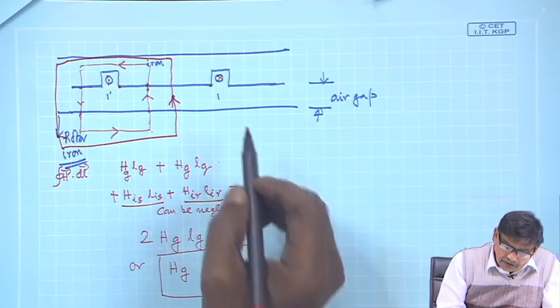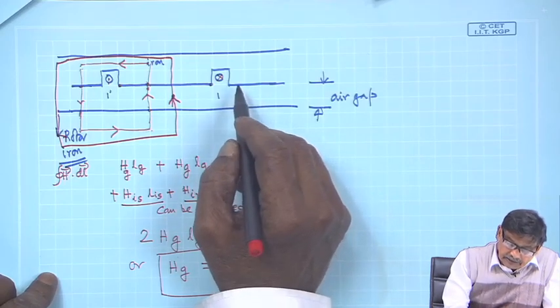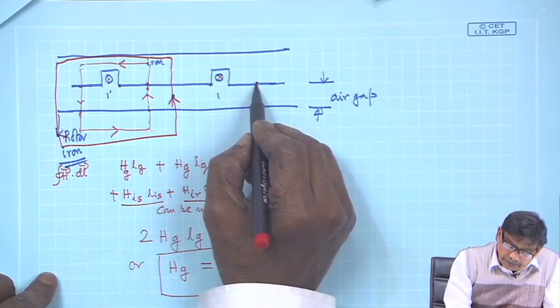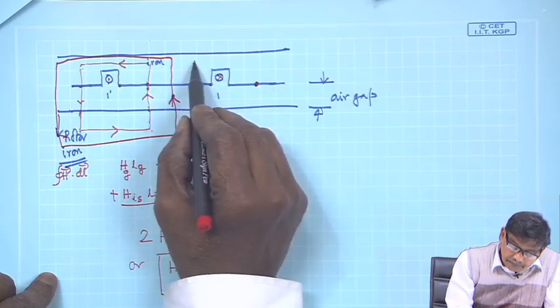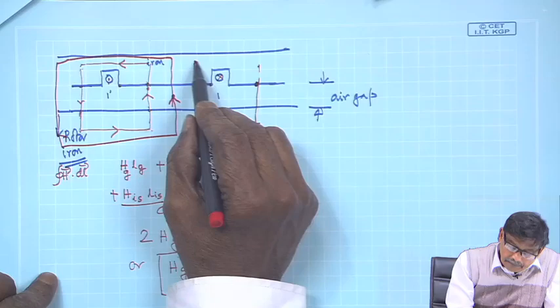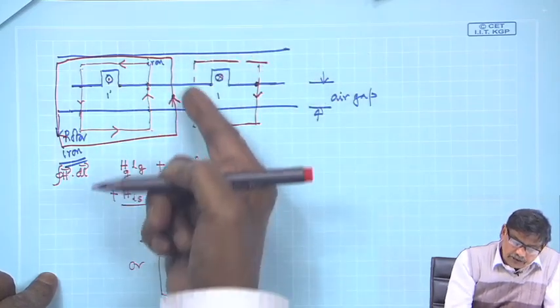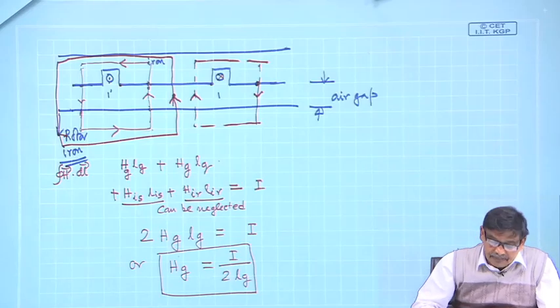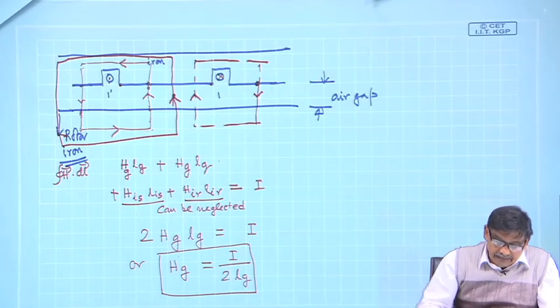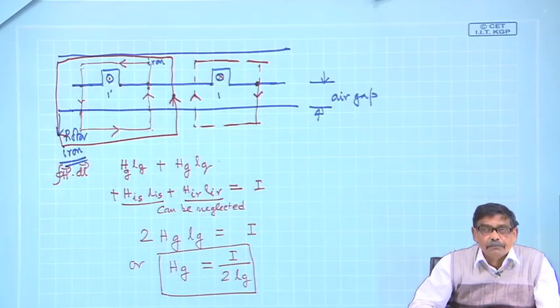Similarly, the value of Hg, if you calculate for this point, that will also remain same. Therefore, this value of H at this point will remain constant.